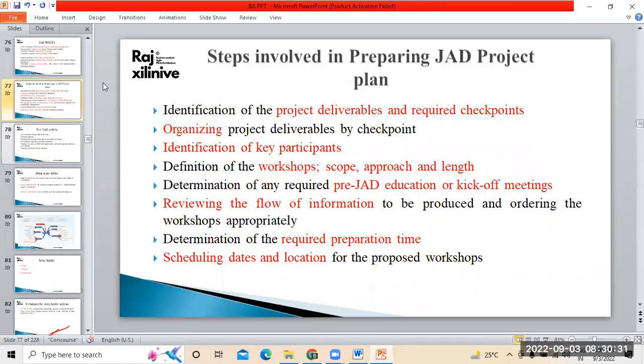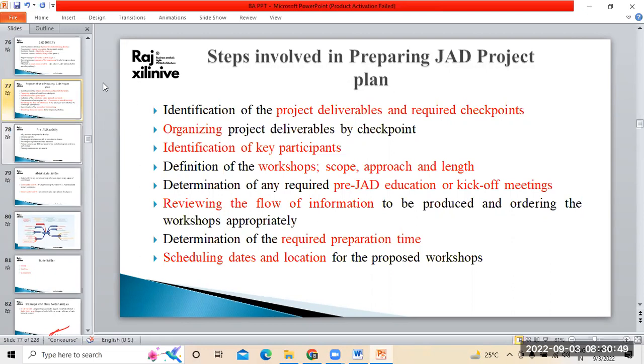We have to meet the right person for the right decision. Unless you meet the right person, the right decisions cannot be taken. So that is required, the third point.